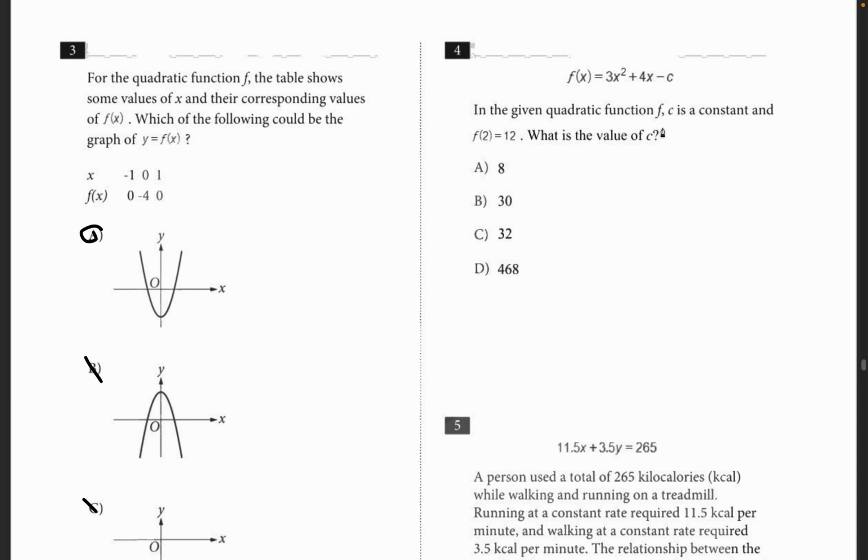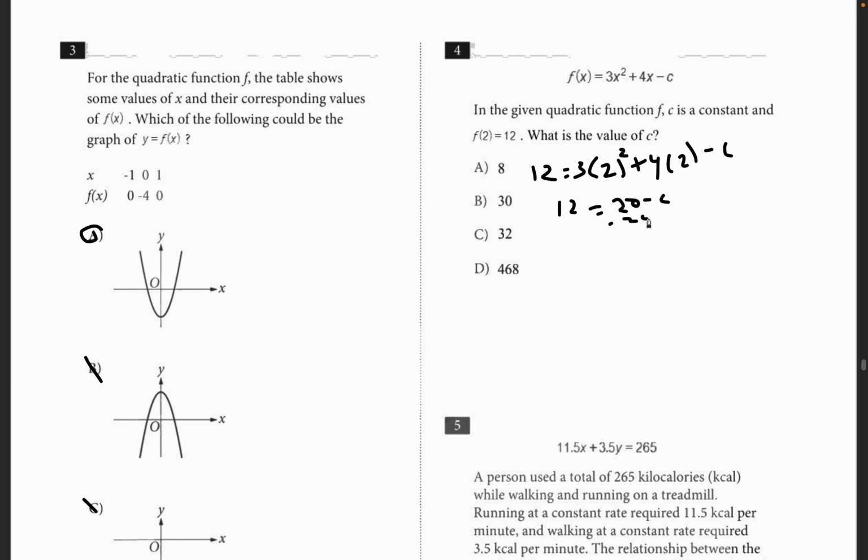In the given quadratic function f, c is a constant, f of 2 equals 12. So let's use this to find c. So when we plug in, 12 equals 3 times 2 squared, the x value will be 2, plus 4 times 2 minus c. 12 equals, 2 squared is 4, times 3 is 12, plus 8, 12 plus 8 is 20, so 12 equals 20 minus c.